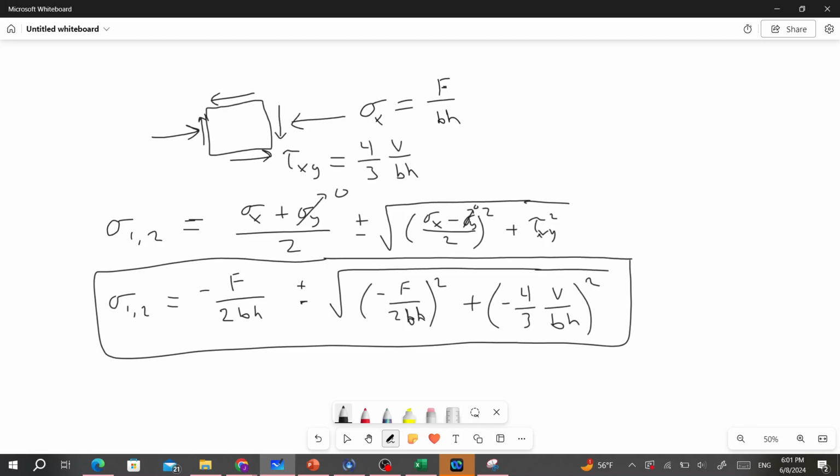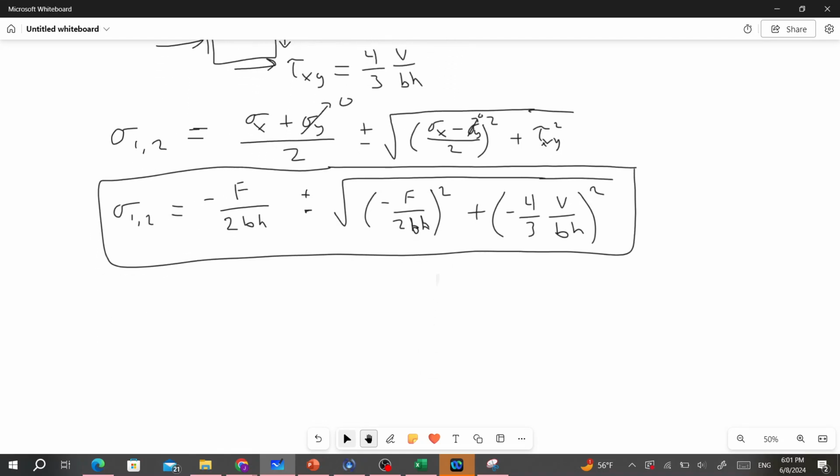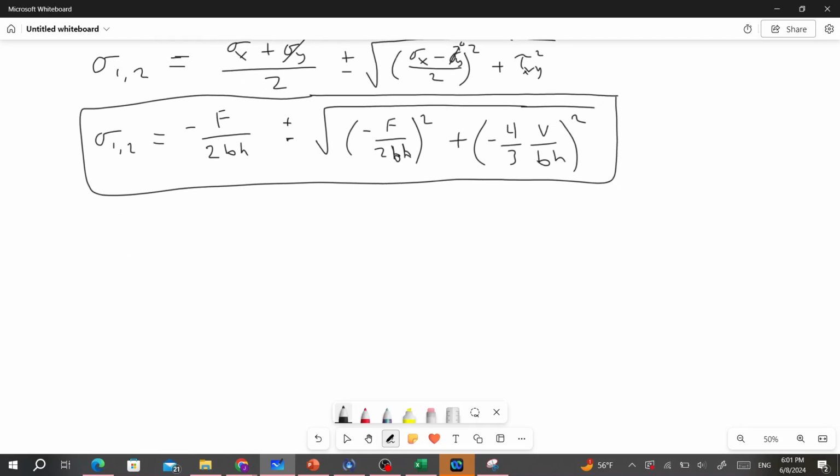And then we want to know what is the angle of the plane where those principal stresses occur. Here we'll use the equation found in the lecture notes, tan 2 theta p, where theta p is the principal angle, equal to tau xy divided by sigma x minus sigma y divided by 2.